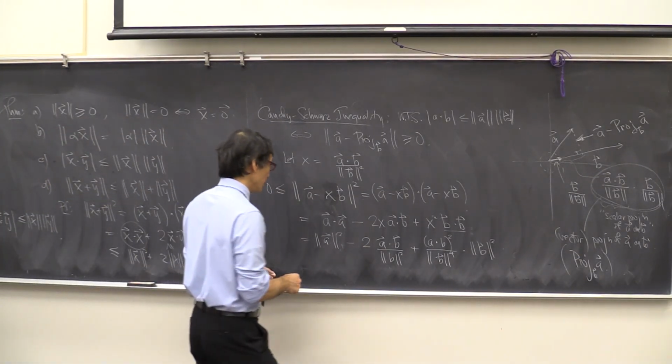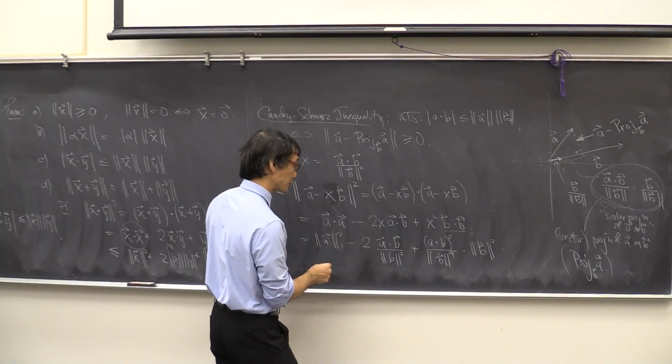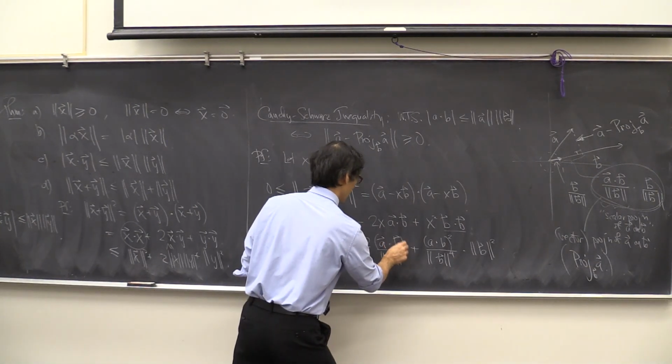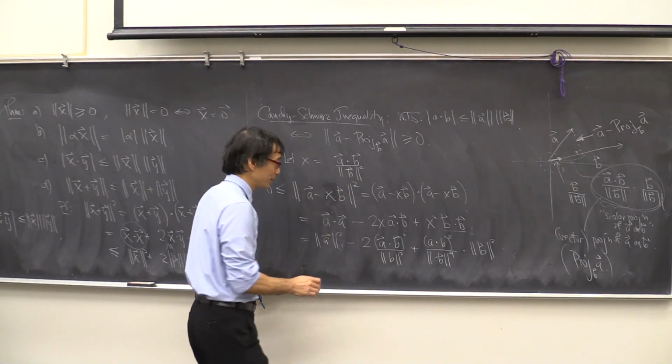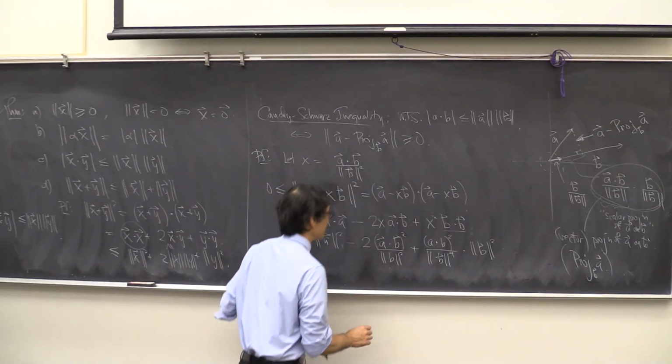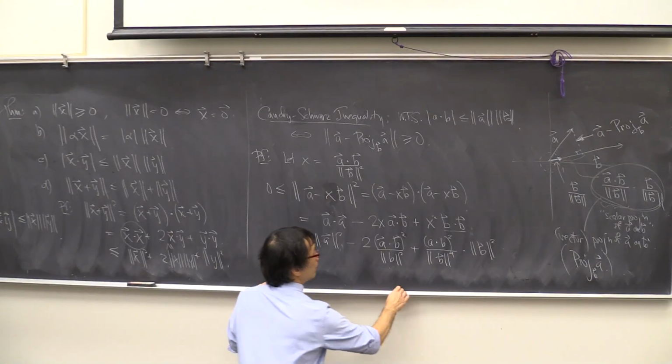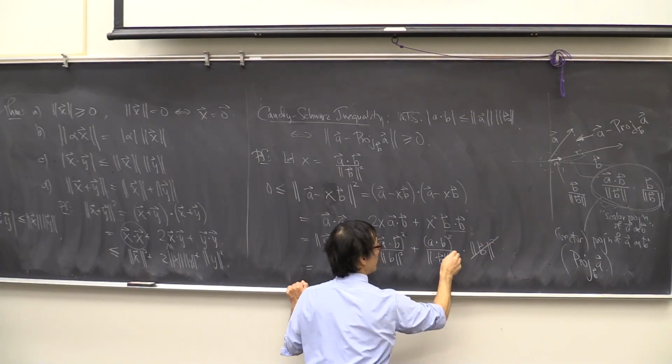And so what is that? I think you might need an extra a dot b. Oh, thank you. Thanks. So we cross out two of those guys.